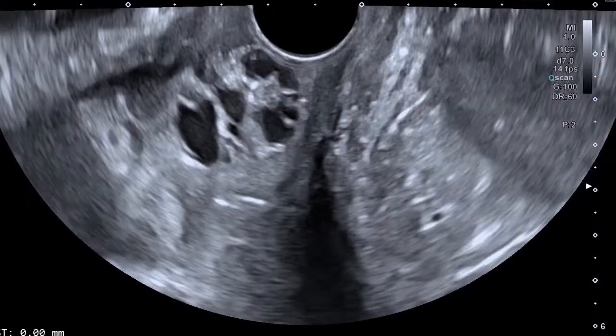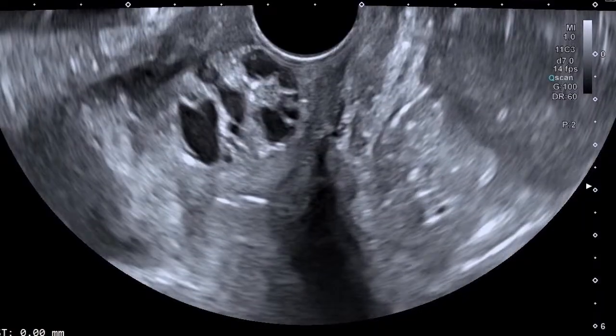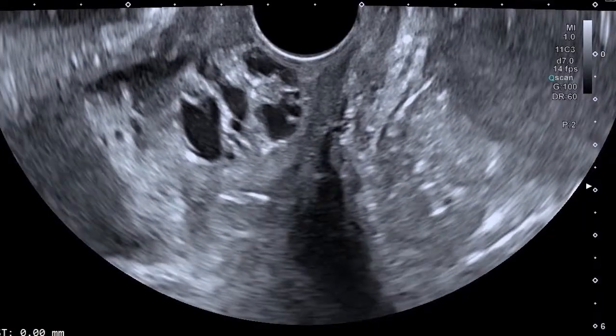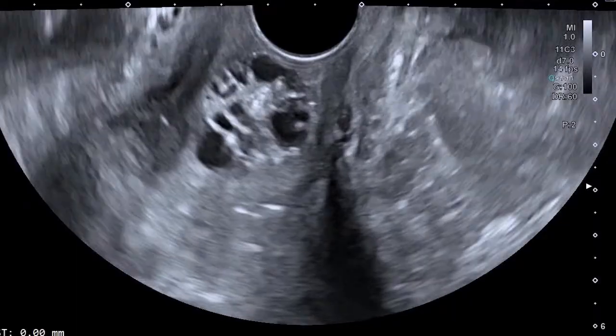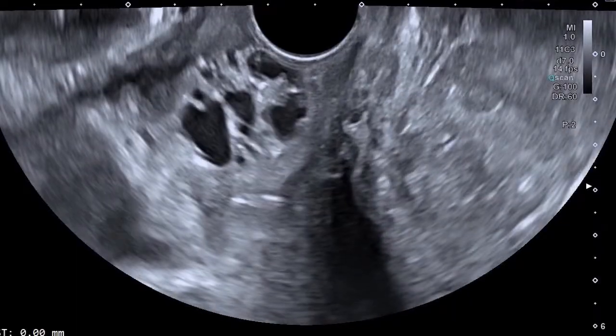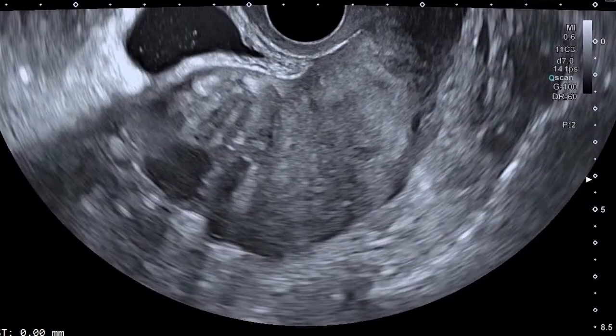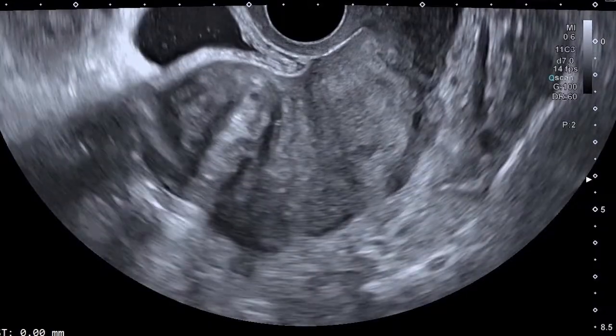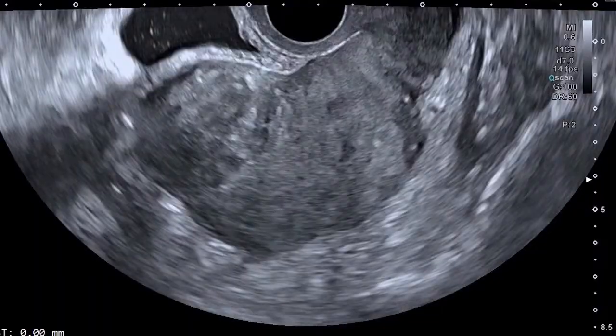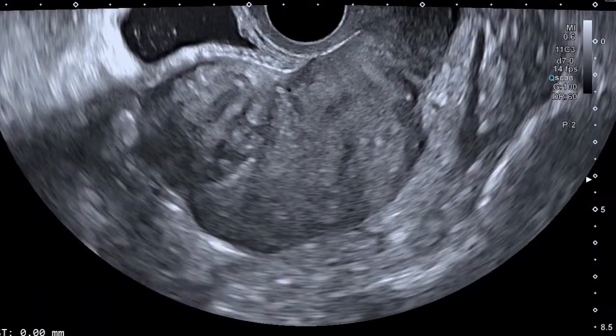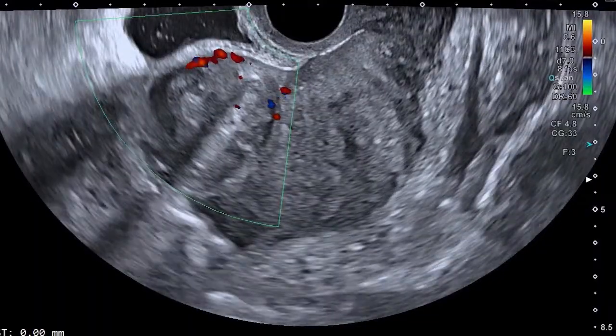This mass with the honeycomb structure, mixed solid and cystic portions like that. What do you think that thing is? So I need you to brainstorm on it.